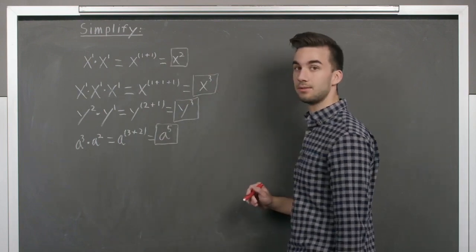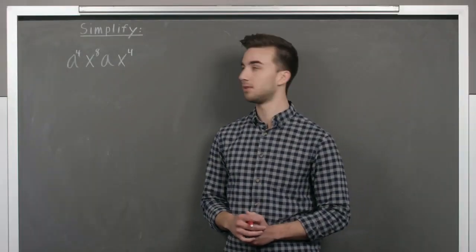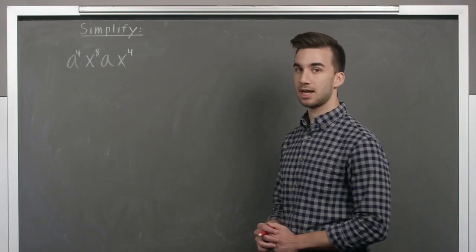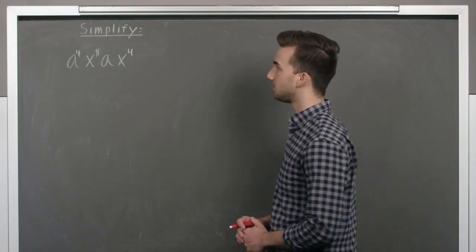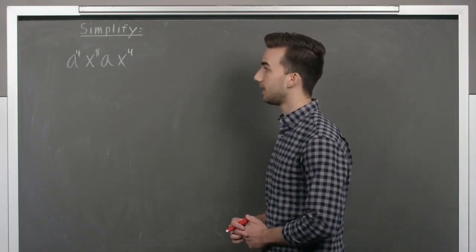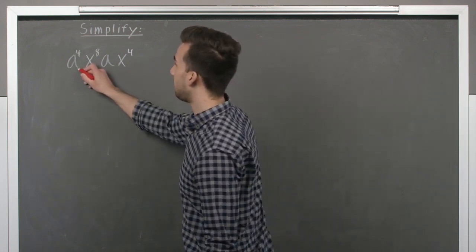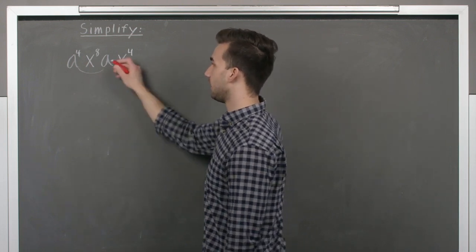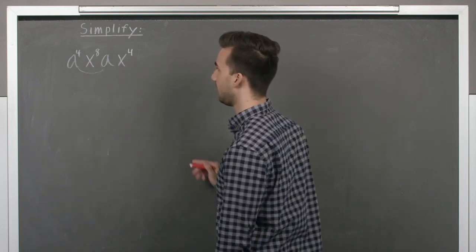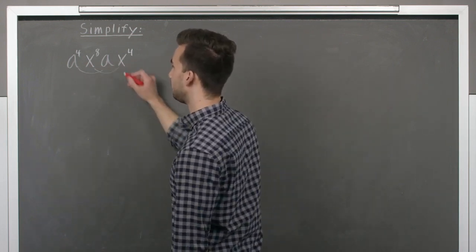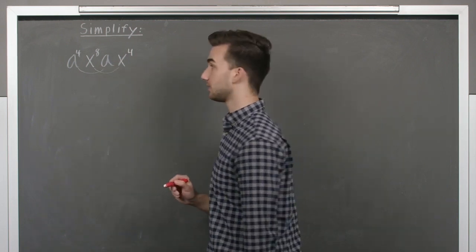In this example, we have two different types of variables, and we're trying to simplify it. And how we're going to simplify it is just combine all of the a's and add up the exponents, and then we can combine all of the x's and add up those exponents.